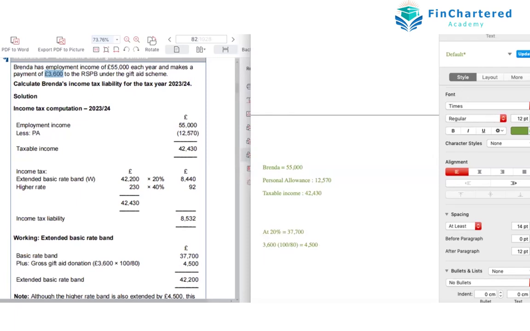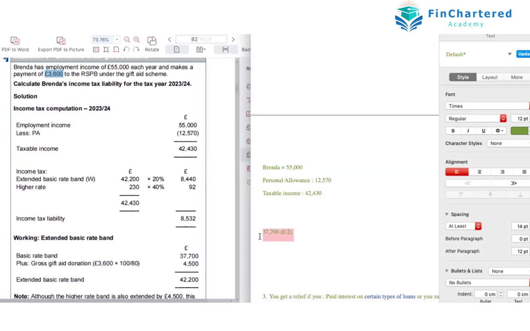So what is happening? Again, as you can see, at 20%, how much will now be taxed? 37,700 plus 4,500, which is 42,200. So guys, before, only 37,700 was taxed at 20%. Look at my screen. Now you can look at the text.